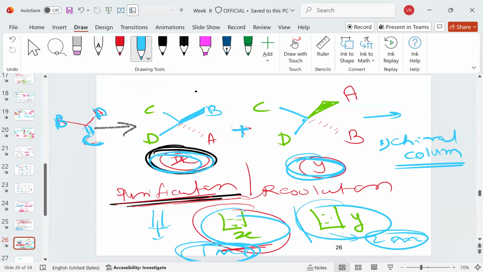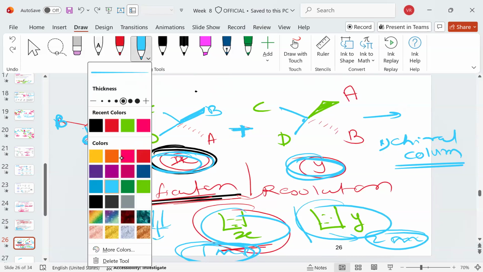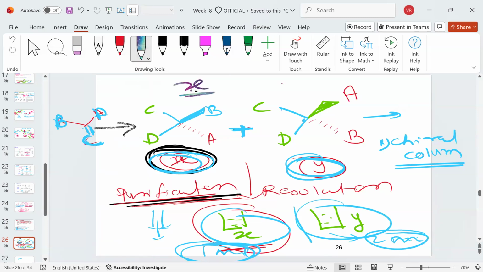I did some reaction and I'm getting these two product formations. Let me take a different color. Let's say I'm getting this X product and I'm getting this Y product. But since in this reaction we are getting two enantiomers, how do we separate them?